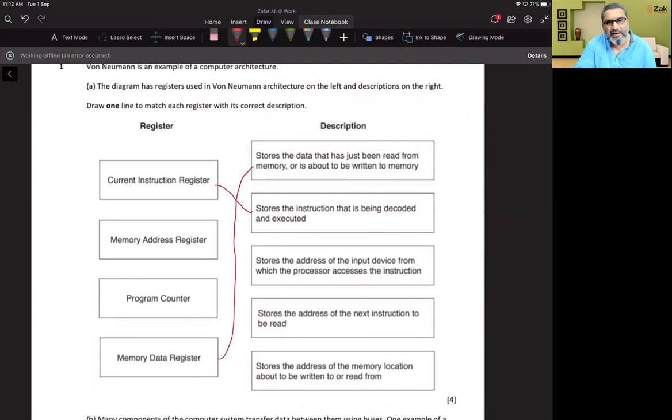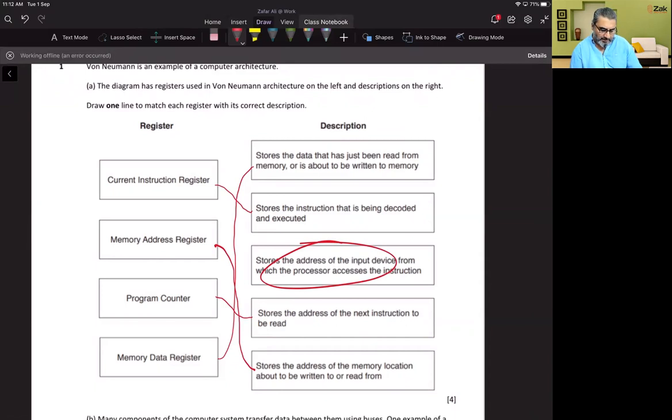We have not read anything like it as of yet, so just wait. Let's see if there is anything. There is no such register which does this. It stores the address of the next instruction to be read. This is program counter. Then it stores the address of the memory location about to be written or read from. This we know is MAR. This thing we have not discussed, so it is not part of the syllabus, so we are just leaving it.